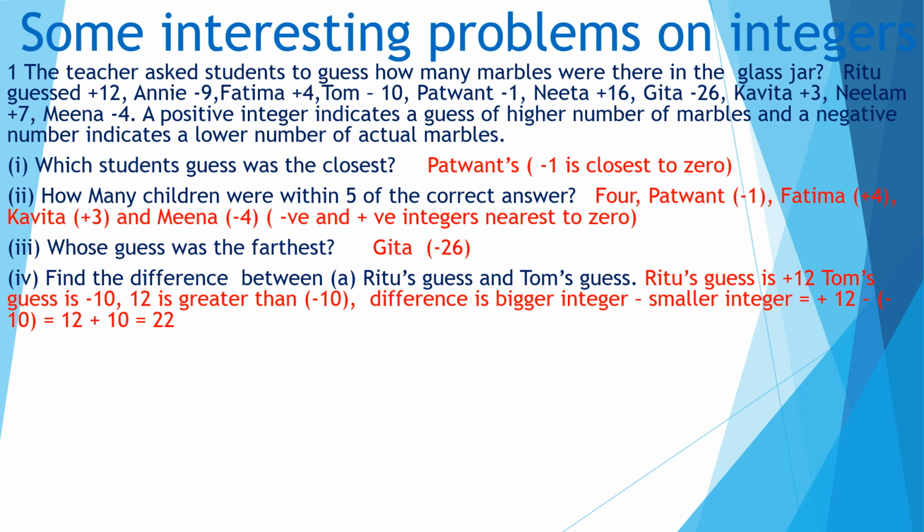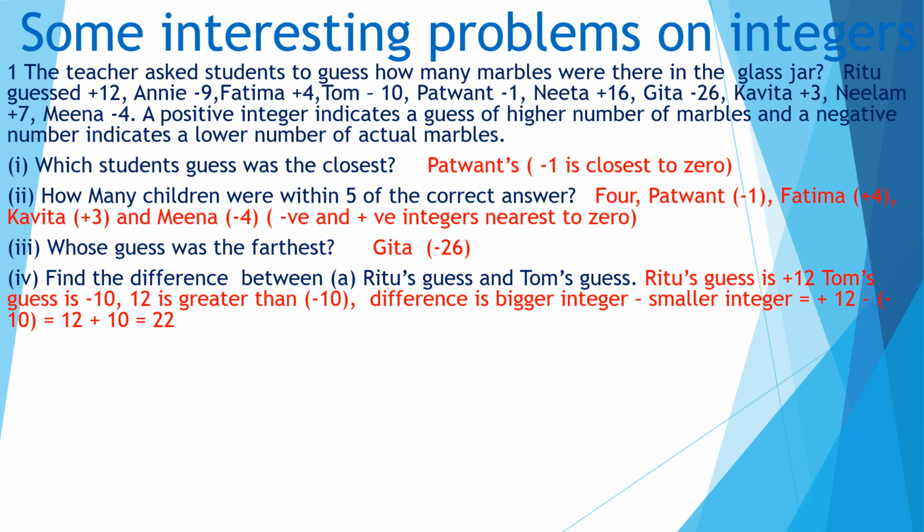Find the difference between Ritu's guess and Tom's guess. Ritu's guess is +12 and Tom's guess is -10. Now difference is bigger integer minus smaller integer. And here +12 is greater than -10.